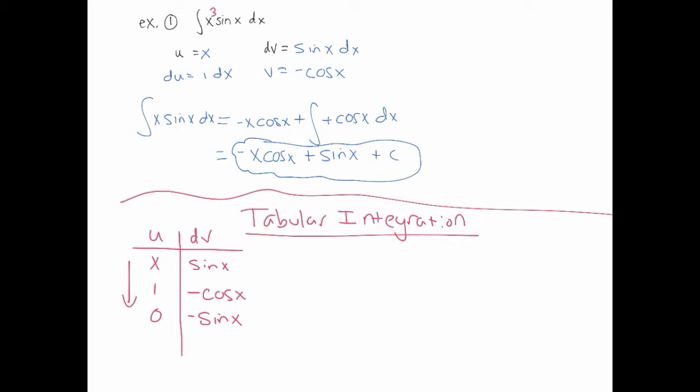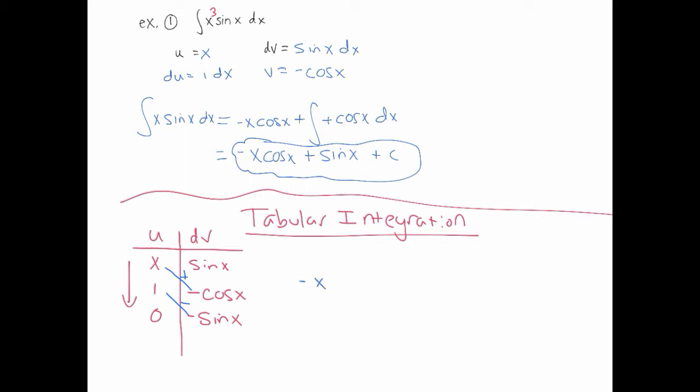And then you draw these diagonals, and you take the positive product, and then you add that to the negative product here, and you would continue in that fashion if you had more rows: the positive product plus the negative product plus the positive product. So the positive product would be x times negative cosine of x.